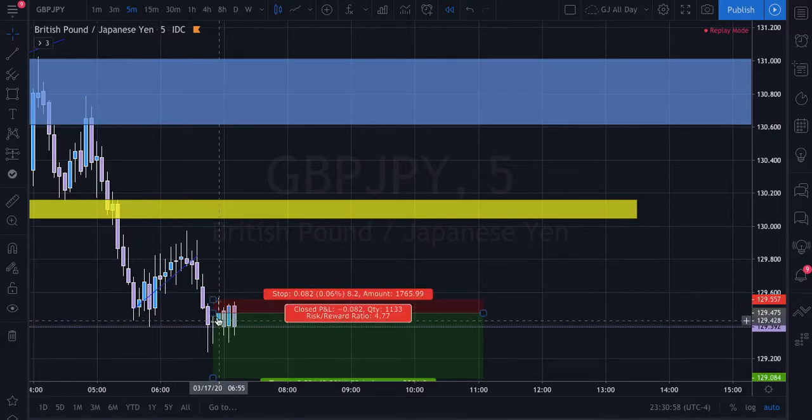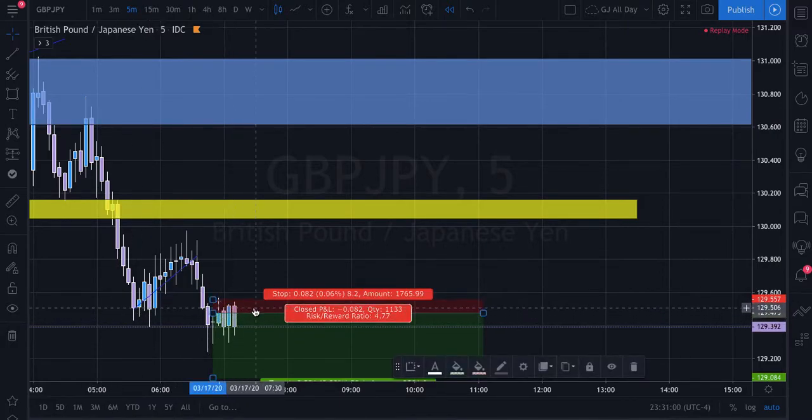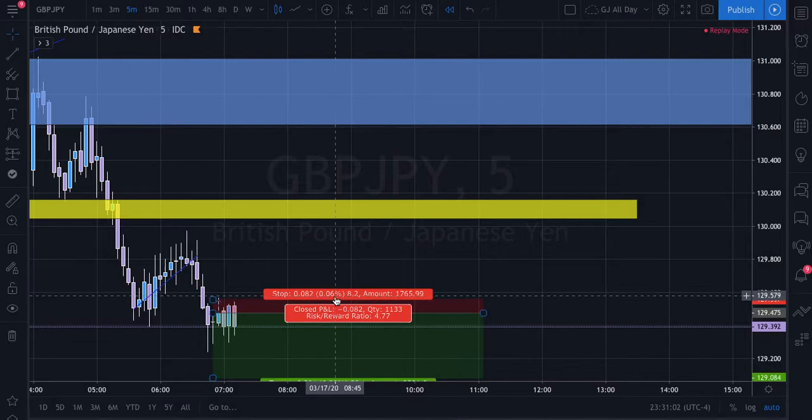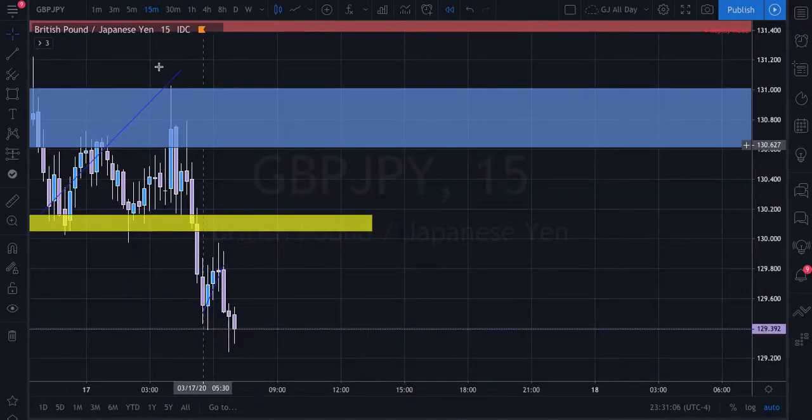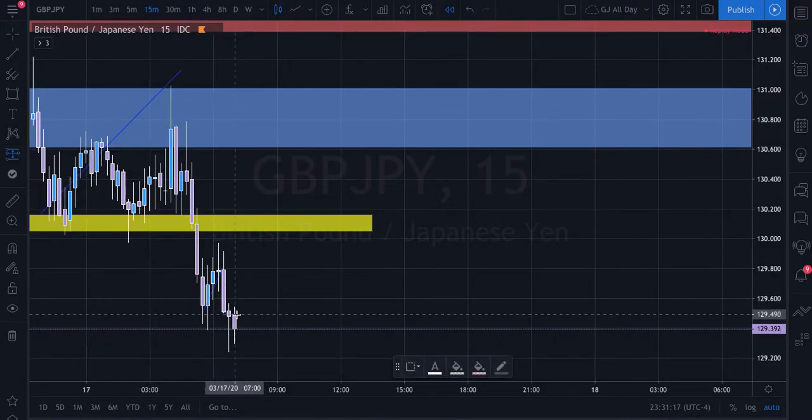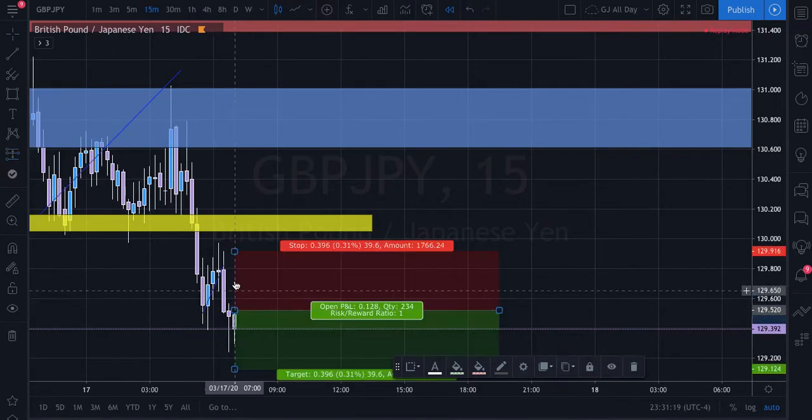Got the break. Got the retest. See what the M15 is looking like. Okay, so yeah, wick down. Maybe stay out of the M5. So wick down, pulled back a little bit.